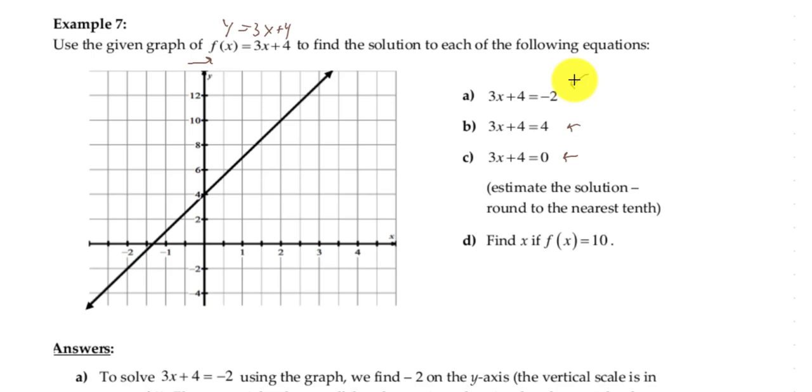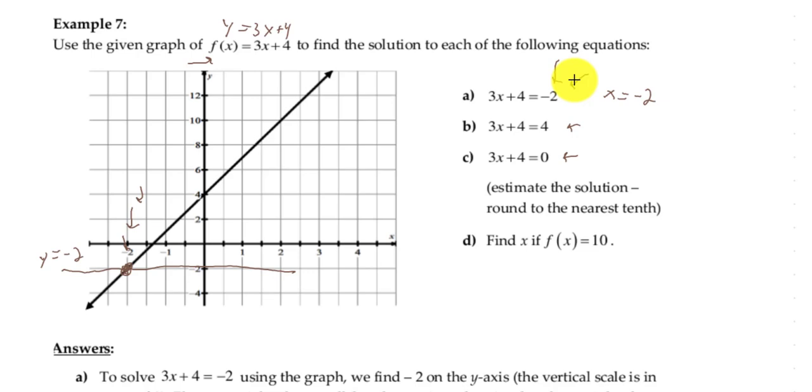So if I know that my y is negative 2, I can draw a line at y equals negative 2. This line here is y equals negative 2. We intersect when x equals negative 2. So the answer here would be x equals negative 2. That's my x value when the lines intersect.